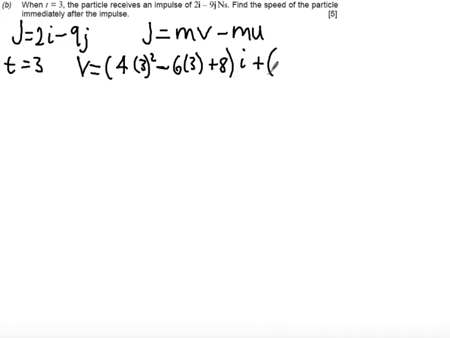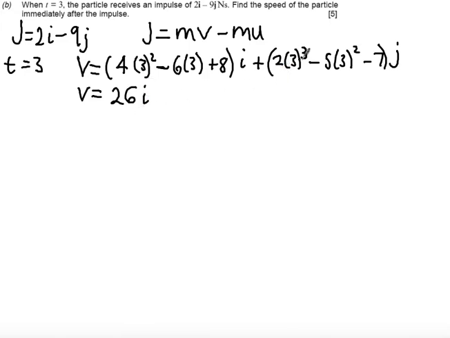And then we're going to calculate the j component, which is 2 lots of 3 cubed minus 5 lots of 3 squared minus 7. So the velocity at time equals 3 will be given by 4 times 9, which is 36, take away the 18, which is 18, plus 8, which is 26i.